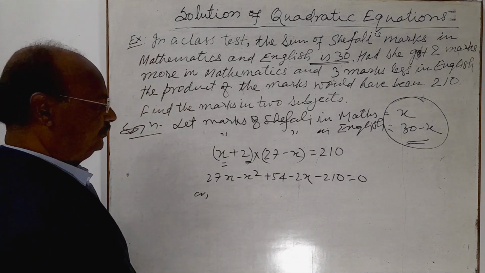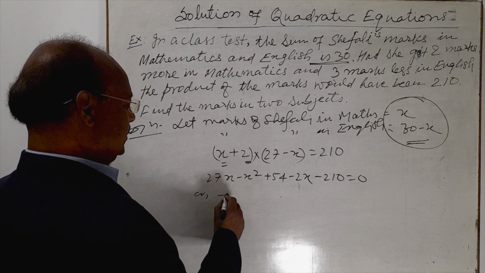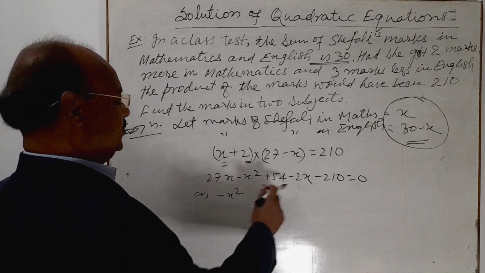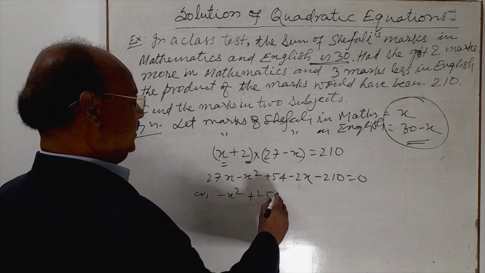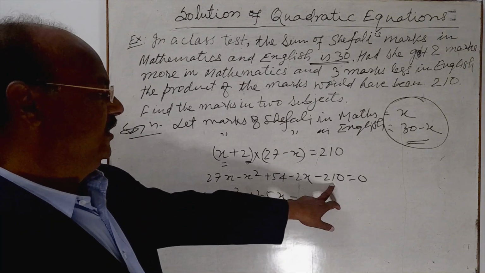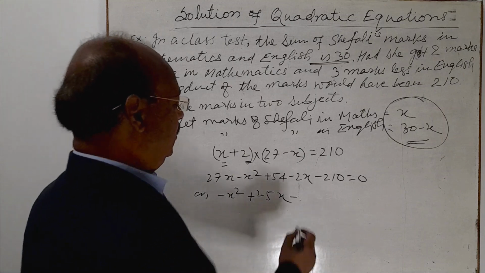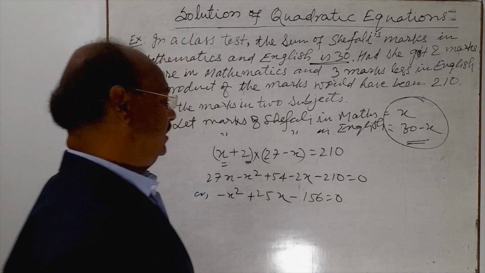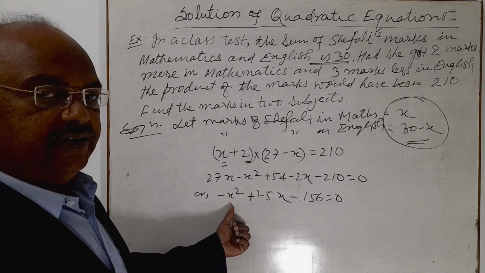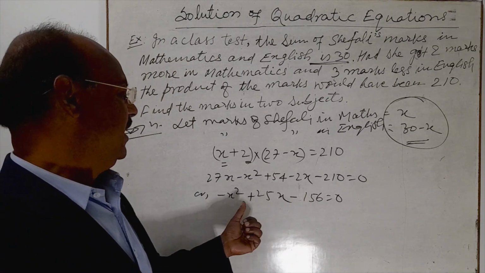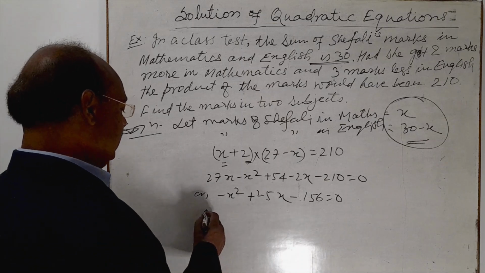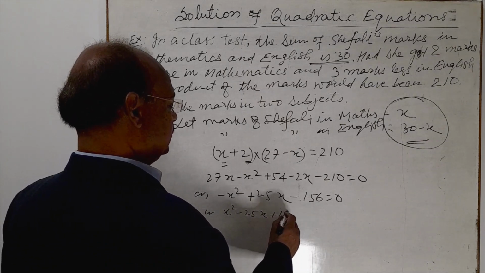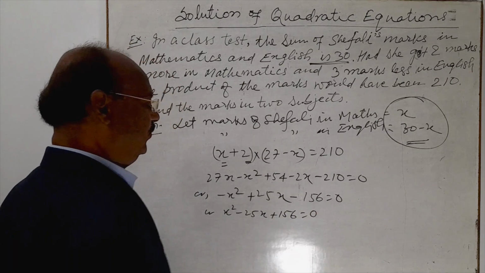So this is minus x square, 27x minus 2x means 25x, minus 210 plus 54 is equal to 156. This is equal to 0. Since this is minus x square, multiplying both sides by minus 1, you will get x square minus 25x plus 156 is equal to 0.